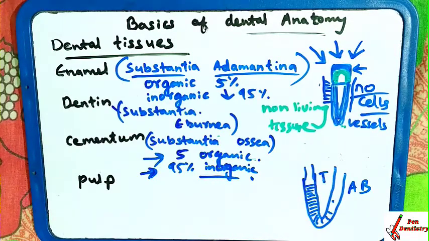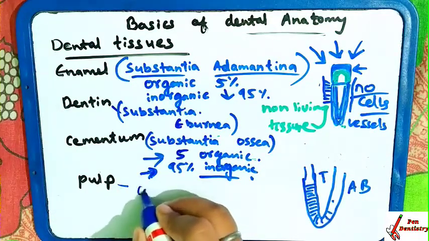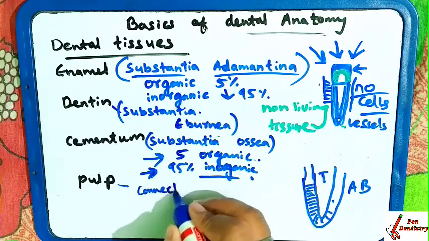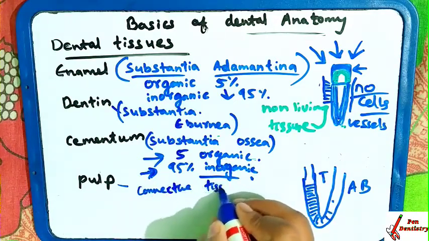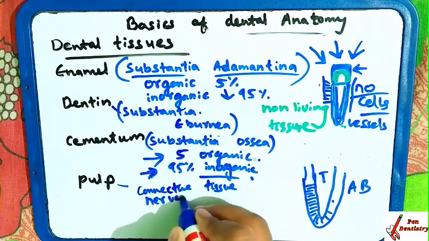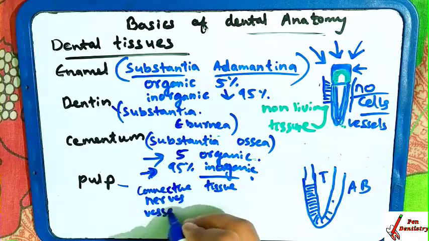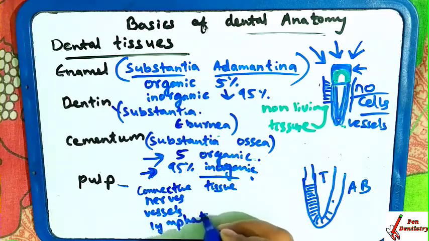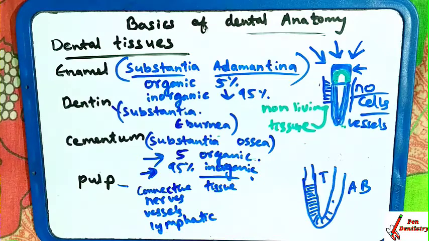Pulp now. Pulp consists of connective tissue, nerves, vessels and lymphatics. The lymphatic system is present in the pulp.